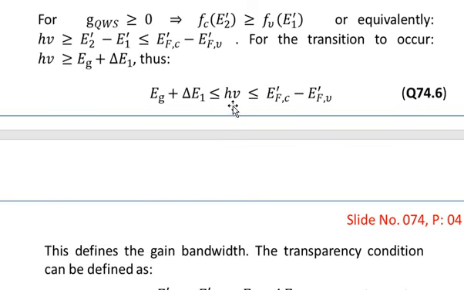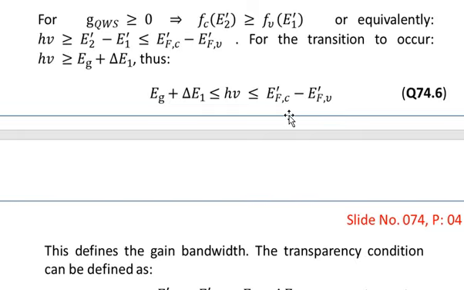You see that this h nu, and particularly nu, which defines the bandwidth, should be greater than the quantity on the left hand side, which is Eg plus delta E1. This provides the lower limit of the bandwidth of the system, and the other quantity, E prime Fc minus E prime Fv, provides the upper limit of the bandwidth.